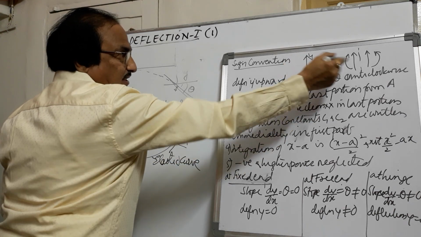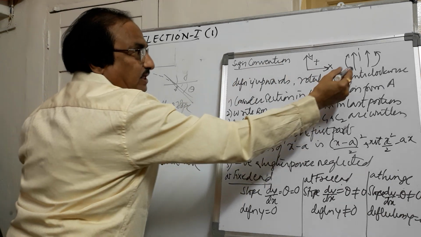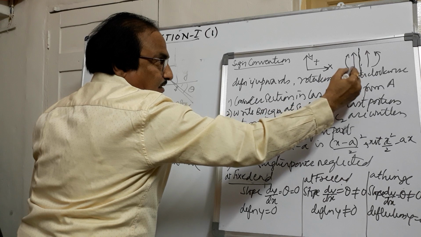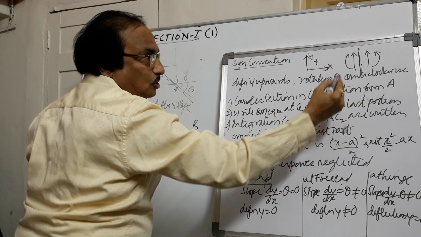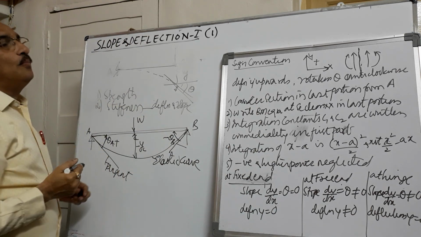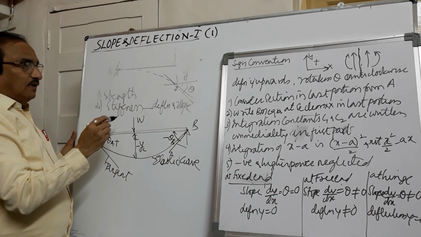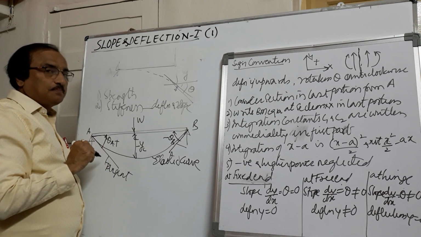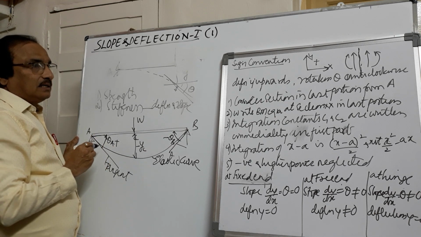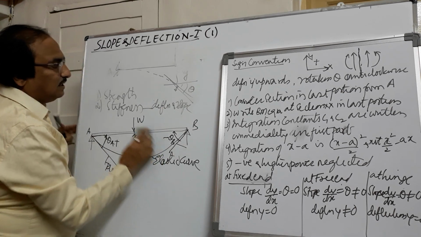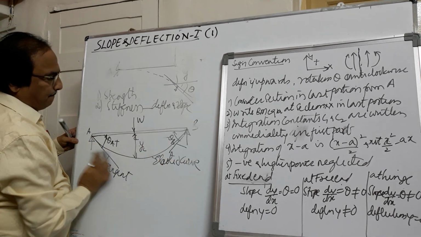X and Y in this direction are positive, and as we have seen in SFD and BMD, forces up are positive, and moments clockwise and anti-clockwise give the positive moment. So deflection upwards is positive, rotation anti-clockwise is positive, and the other one is in the opposite direction.